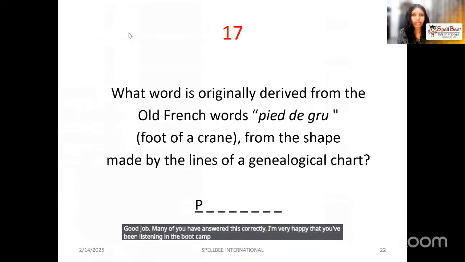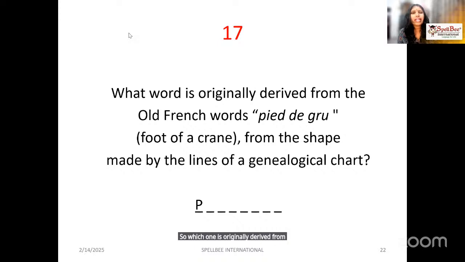That's awesome. So which word is originally derived from the old French words pedigree, meaning foot of a crane, from the shape made by the lines of a genealogical chart?